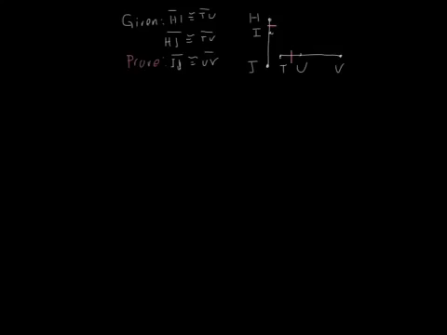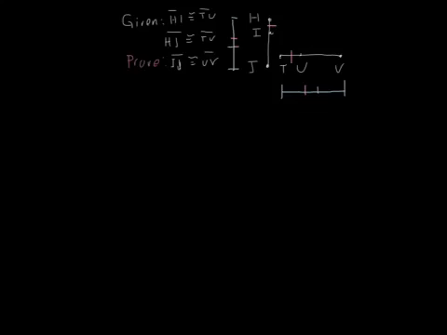I also know that HJ is congruent to TV. So I know that this big segment, HJ, all the way from here to here, is congruent to TV. So I'm going to go ahead and give myself some congruent marks. Since I can't put 1, I already have 1, I'm going to put 2 marks there.